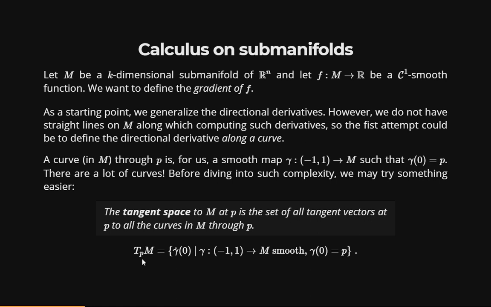The tangent space is the collection of all the possible velocity vectors. So the tangent space at P of M is the set of the vectors obtained as the derivative of gamma at 0, where gamma from (-1, 1) to M is smooth, and gamma of 0 is equal to P. Obviously this is called the tangent space at P because all the curves go through P and we are taking the velocity at P. Why is it the tangent space to M?